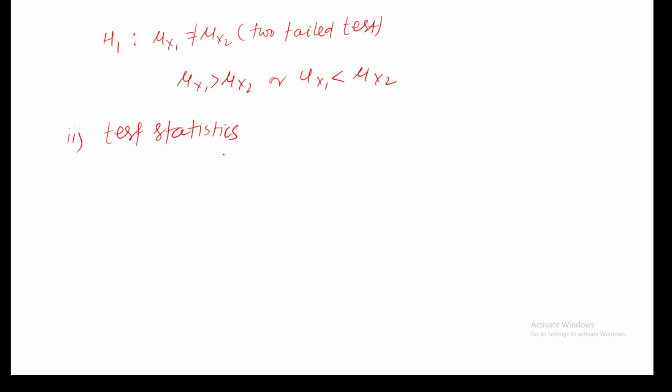For this case, instead of the formula x bar minus mu, it becomes x bar 1 minus x bar 2. Finally, t is equal to x bar 1 minus x bar 2 divided by s root under 1 by n1 plus 1 by n2.